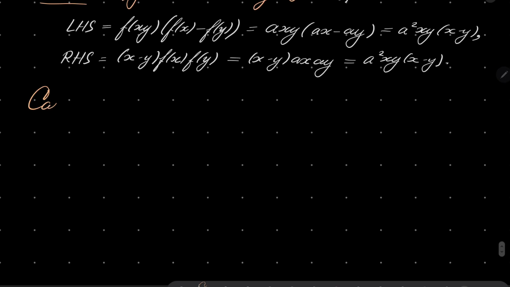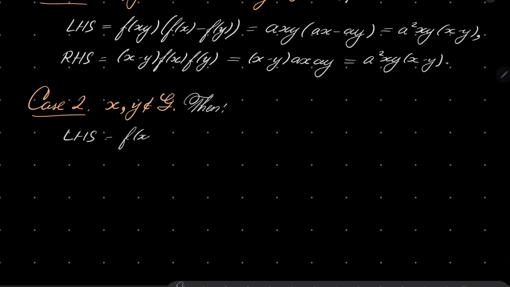Second case. Case number 2, when both elements are not in our set G. It is actually very easy, because then on the left-hand side we have f of xy, f of x minus f of y. And what is that?